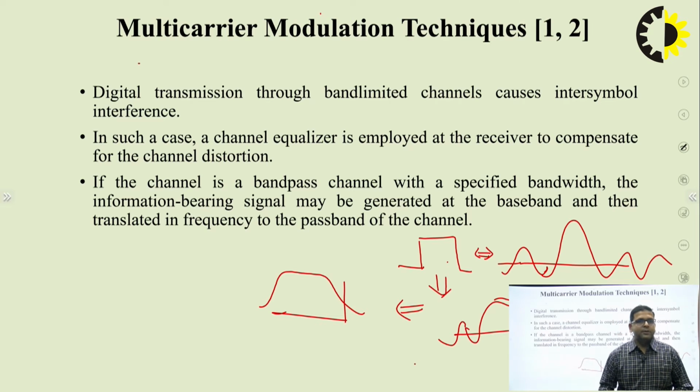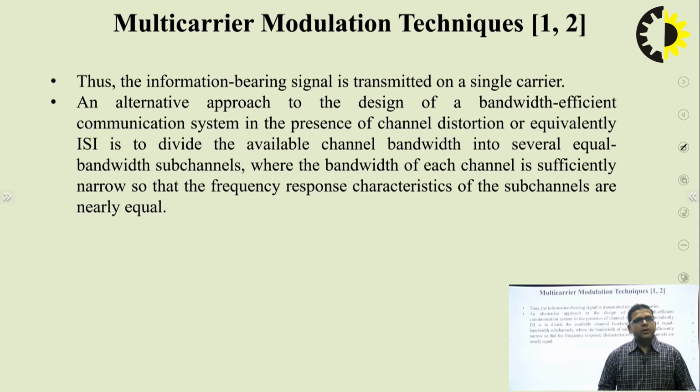So, in digital transmission, inter-symbol interference is a major problem. A channel equalizer, which is used at the receiver end, is used to compensate for the channel distortion. When we transmit any information on such a band limited channel, we are certainly going to face inter-symbol interference.